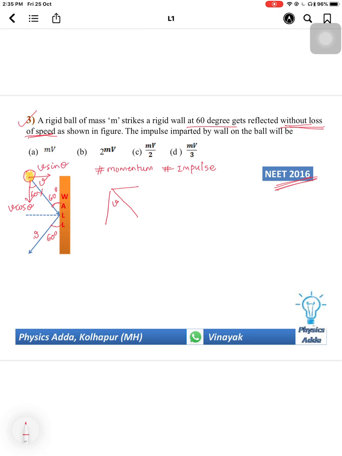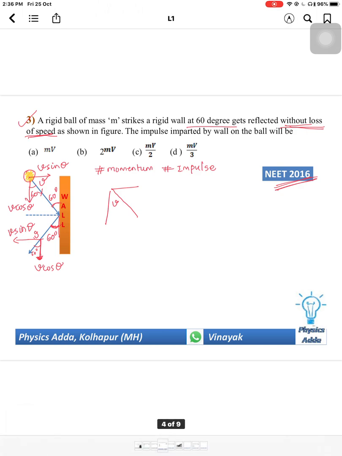If this is 60°, then this component downwards will be what? This component will be v cos theta, and this component will be v sin theta. Since this angle is 60°, this angle will be 60°.